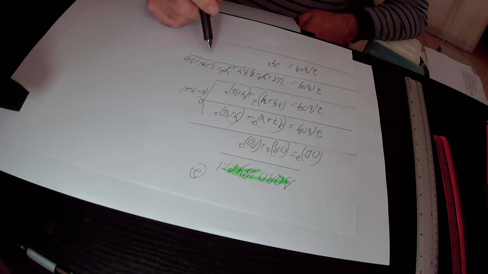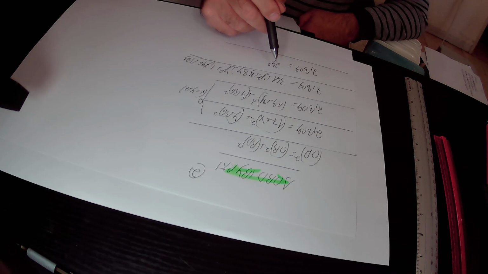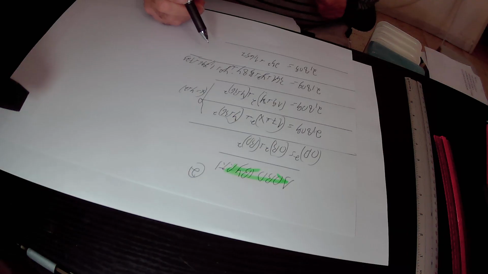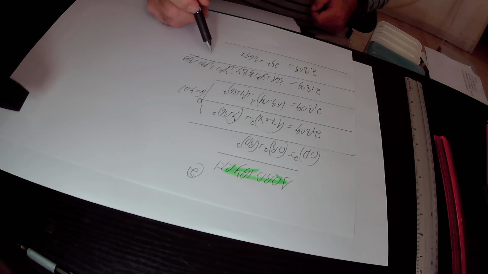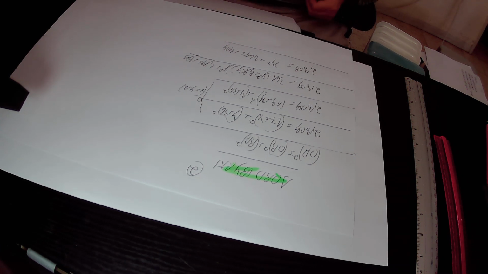Here 1296 plus 361 equals 1657. And finally we have 72y plus 38y equals 110y. So in total we found that 2809 equals 2y squared plus 1657 plus 110y.